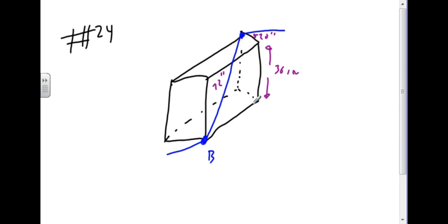All right, so what do we know? Not very much, but if I throw in this construction line, I know that this is a right triangle. If that's a right triangle, that does me no good at all. You know your height. You know your height is 36 inches.